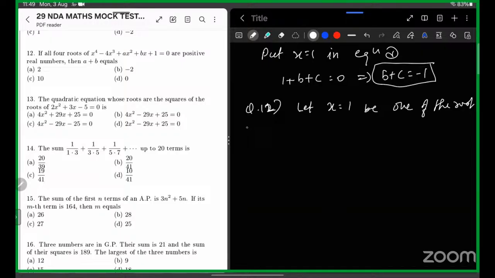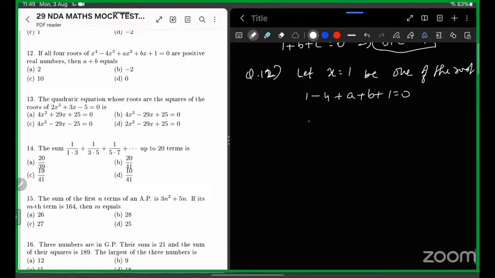Then 1 raised to power 4 minus 4x cube plus, minus 4 plus a plus b plus 1 equal to 0. So I can write it like this: 1 plus 1, 2 minus 4 plus a plus b equal to 0, minus 2 plus a plus b equal to 0. This means a plus b equal to 2.